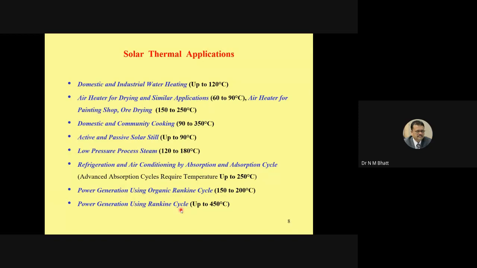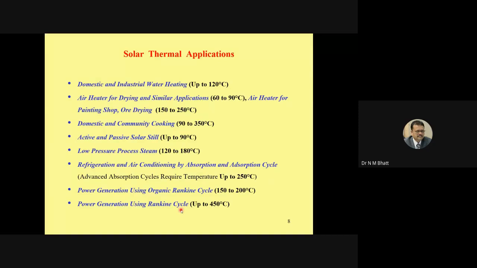So when you start any research work, the application should be there in your mind, because the collector which is capable of delivering heat at a particular temperature may not be capable of delivering heat at a certain higher temperature.